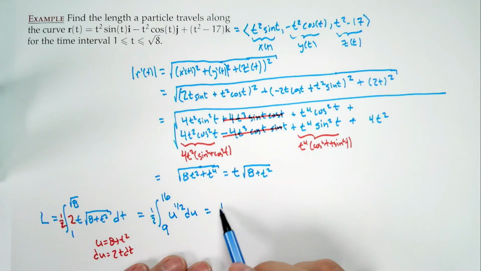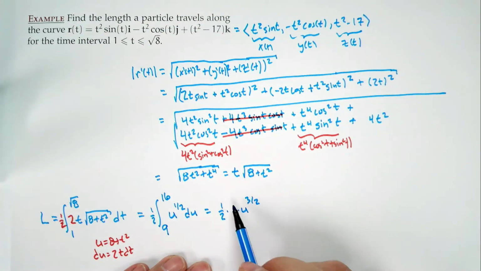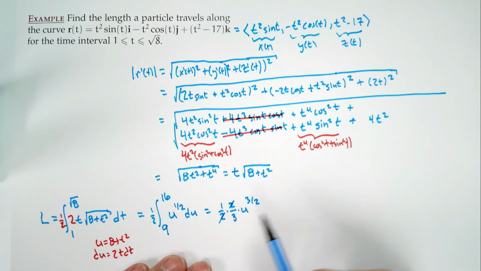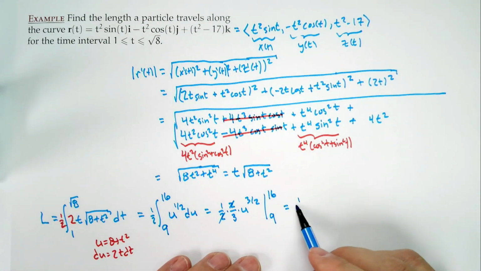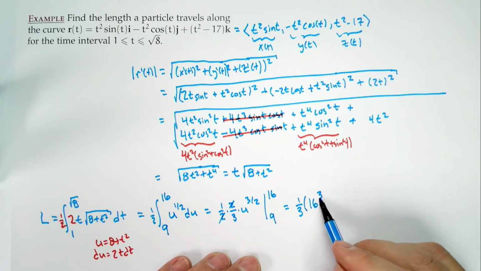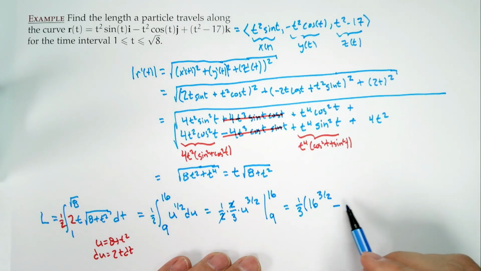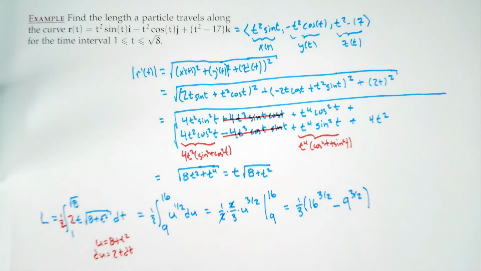So this becomes 1/2 times u to the 3/2, because I add 1 to the exponent, then I multiply by 2/3. The 2's will cancel, that's good. And we're going to evaluate from 9 to 16. We say, all right, so this is 1/3 times 16 to the 3/2 minus 9 to the 3/2. And I think this one is simple enough we could probably actually go all the way.